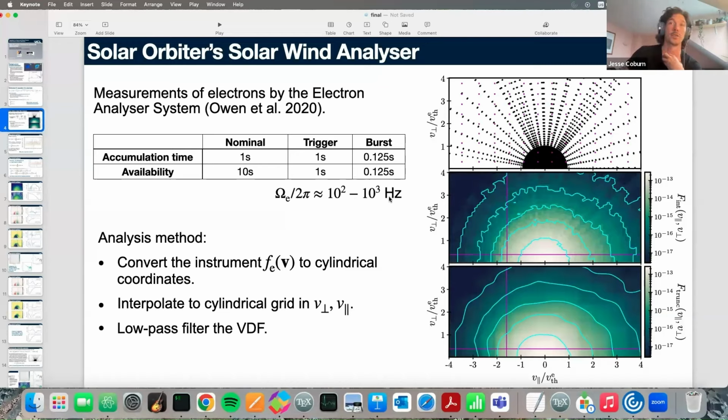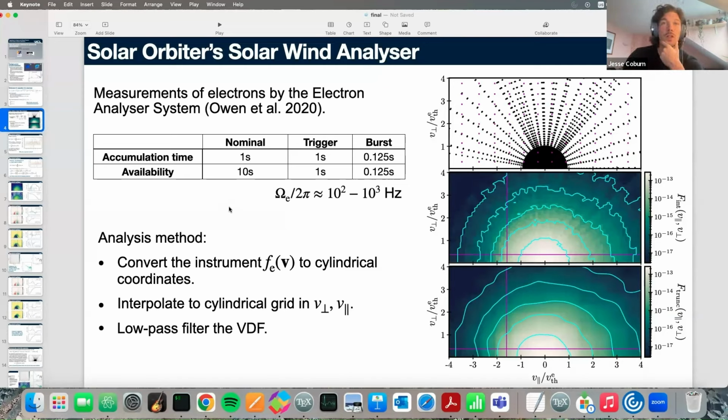So 10^2, 10^3 hertz. This is much faster than what we're measuring the electron distribution function, right? So we really expect to be measuring very gyrotropic electron distribution functions. Okay, there's times when we maybe approach non-gyrotropic distribution functions, but for the most part in the solar wind, we expect these to be very gyrotropic.